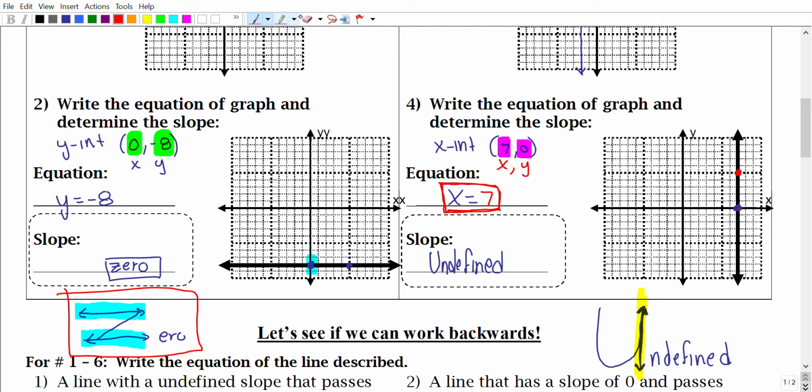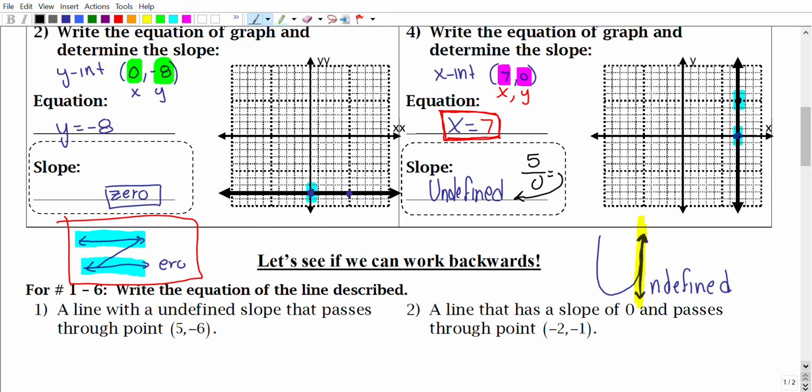As I go from this point to this point, what's my rise? Well, my rise is 5. What's my run? My run is 0. Go ahead and type in on your calculator 5 divided by 0 and see what you get. You're going to get an error, which means that it's an undefined slope.